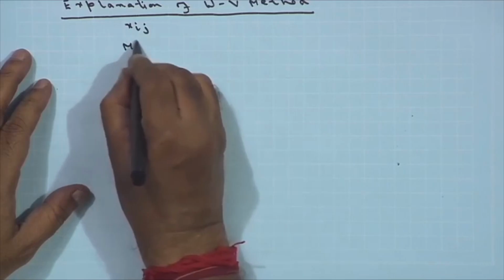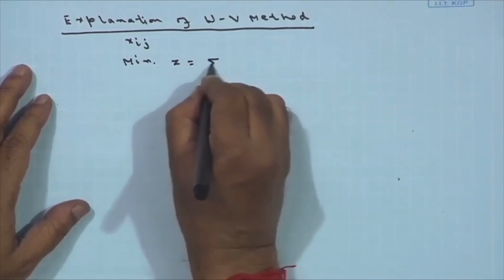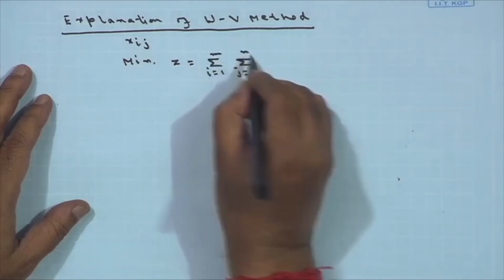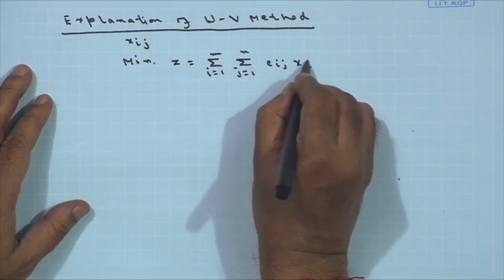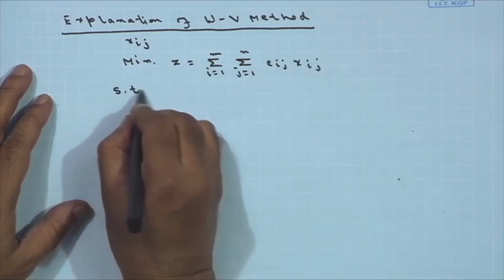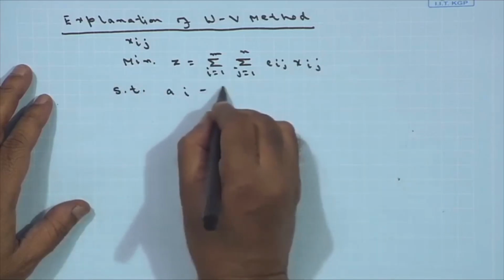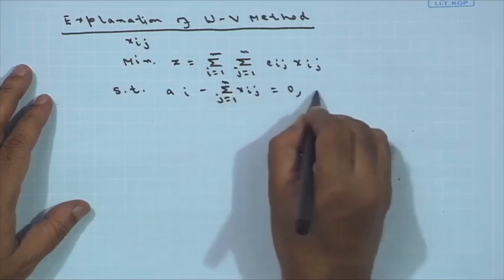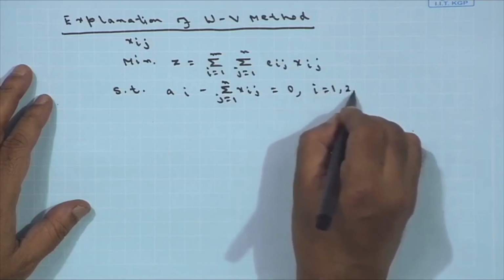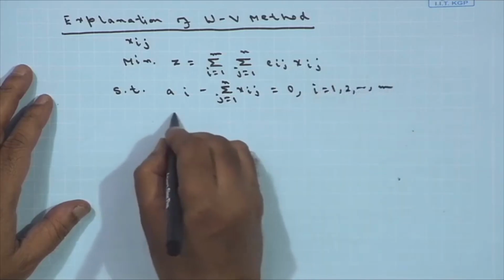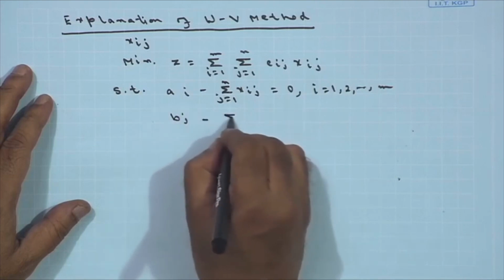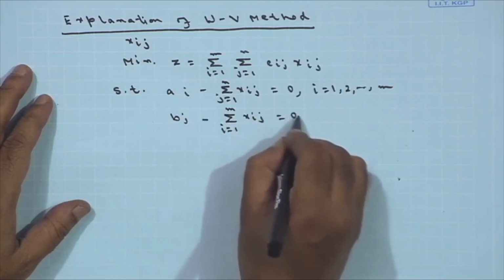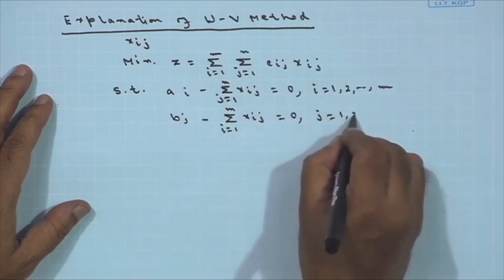I want to determine x_ij which minimizes Z equals summation i equals 1 to m, summation j equals 1 to n, c_ij x_ij, subject to a_i minus summation j equals 1 to n x_ij equals 0, where i varies from 1 to m, and b_j minus summation i equals 1 to m x_ij equals 0, j equals 1 to n.